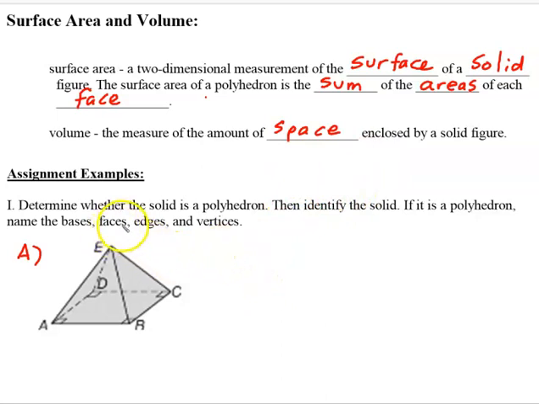Okay, so your assignment examples are going to look like these. I've got really two different types of problems on your homework. One of them will look like this. You're going to be given a three-dimensional figure, and you first have to decide whether it is a polyhedron. So that'll be answer part A. Well, this is a polyhedron.